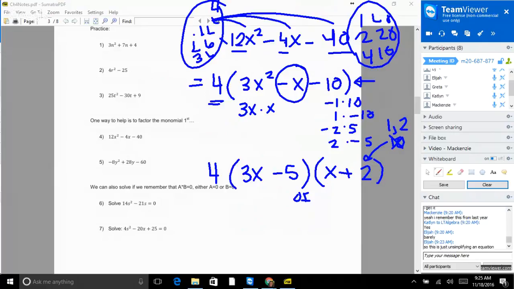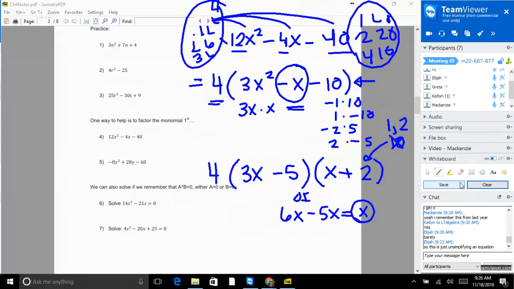Outside is going to be 3x times 2, which is 6x. And inside is going to be negative 5 times x, which is minus 5x. And that's going to give me a positive x. So if you end up factoring and you end up like, okay, I've got positive x, but I really need negative x, that means you're super close.